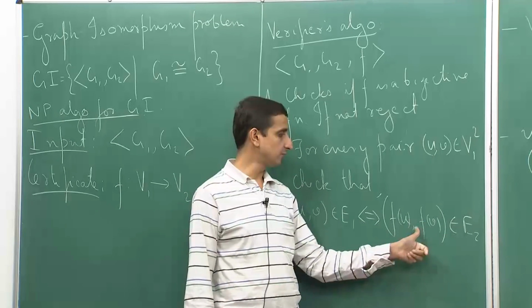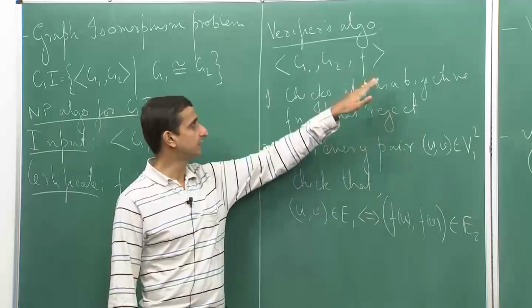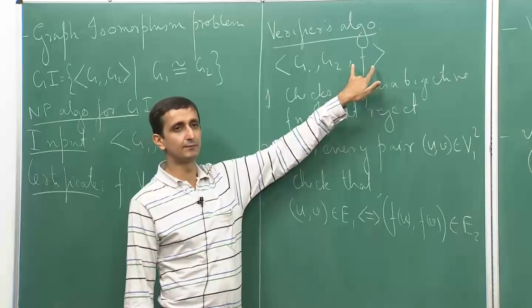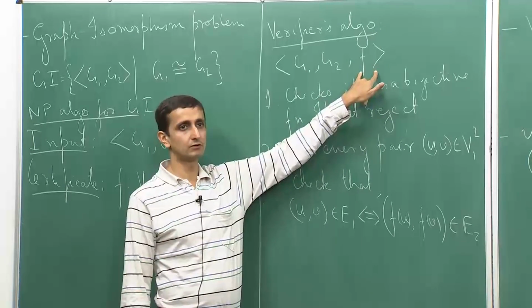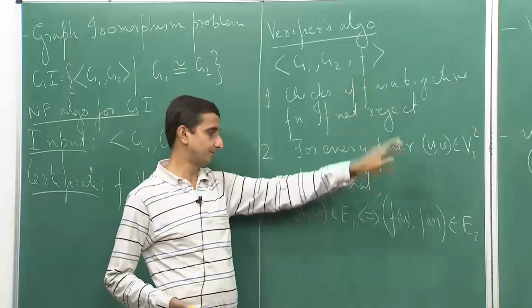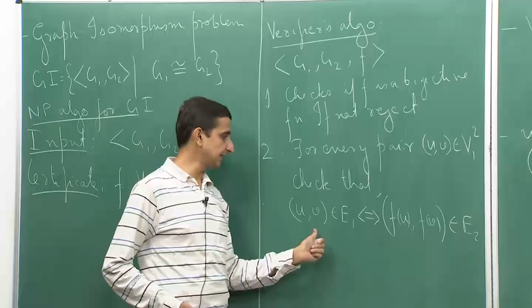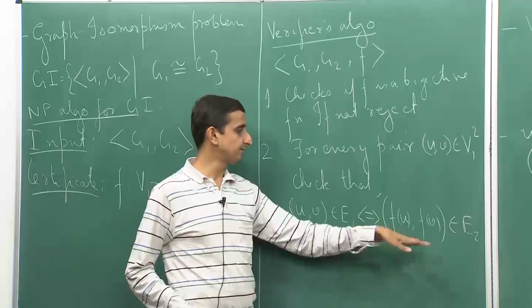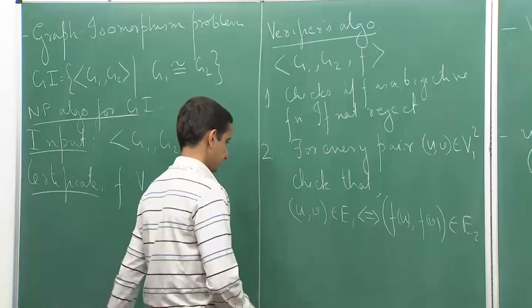Okay. And how can you compute f of u and f of v? So, that you can easily compute from the input that is given, because f is given as an input. So, once you know uv, you know what f of u and f of v are. So, you check. So, if this is an edge, this should be an edge. If this is not an edge, then this should not be an edge. Okay.